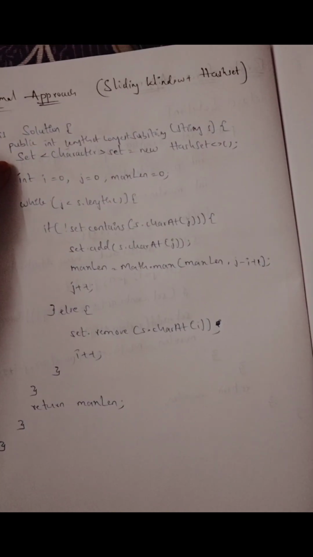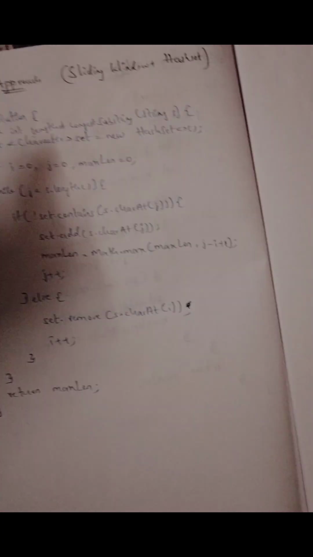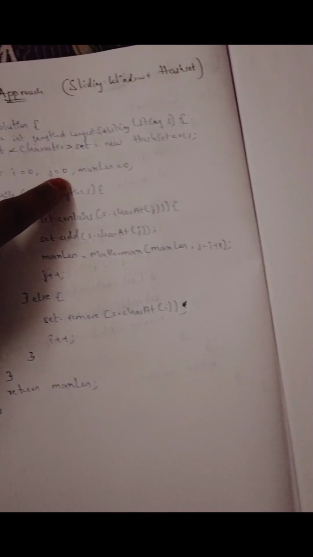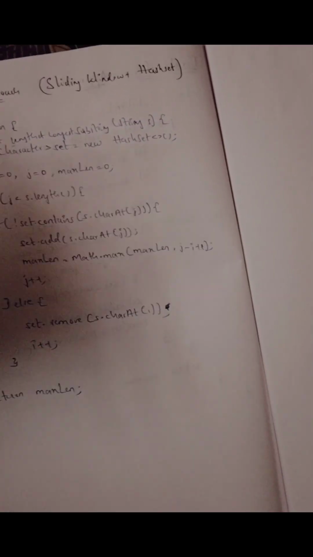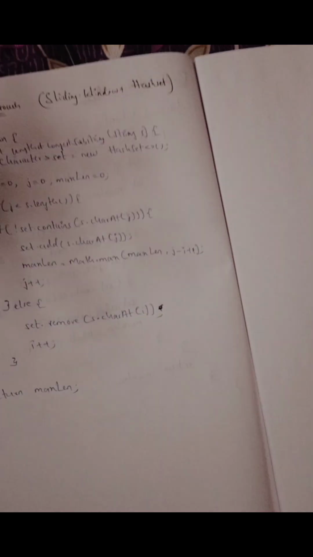We create a set, and these i and j variables: i is the starting point of the substring, and j is the end pointer of the window, right? Windows are nothing but a substring, and this max length is for storing the maximum substring length.